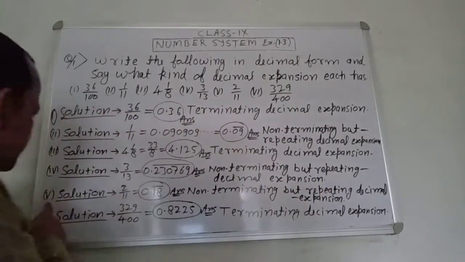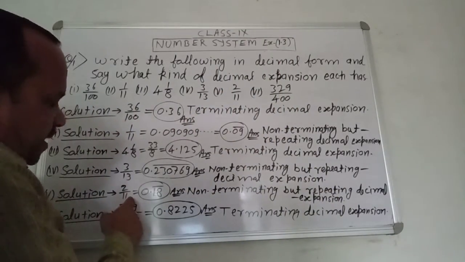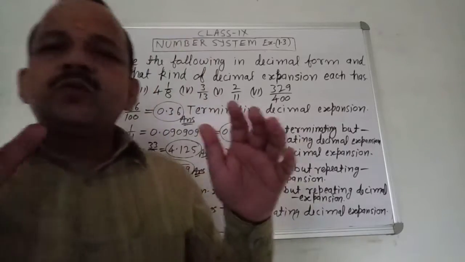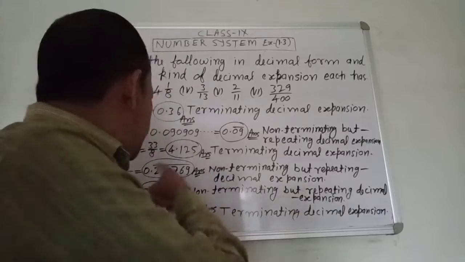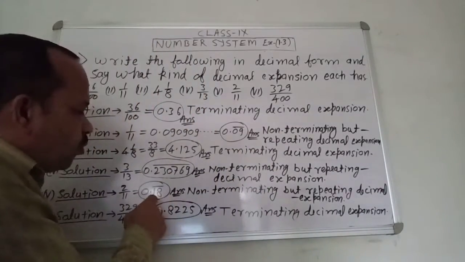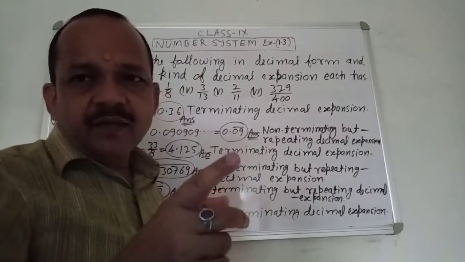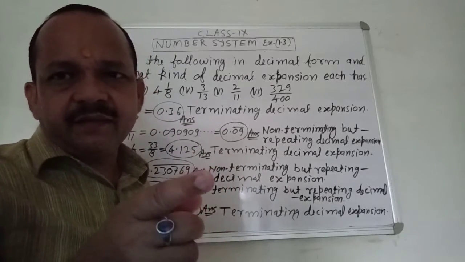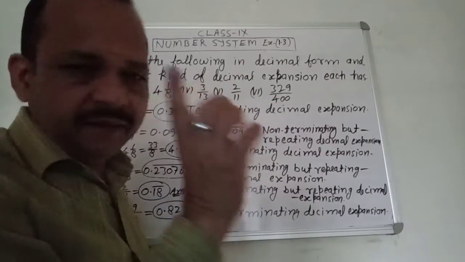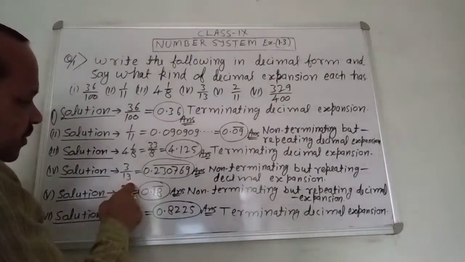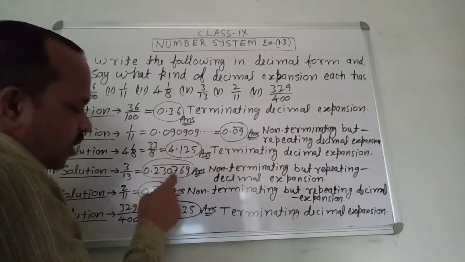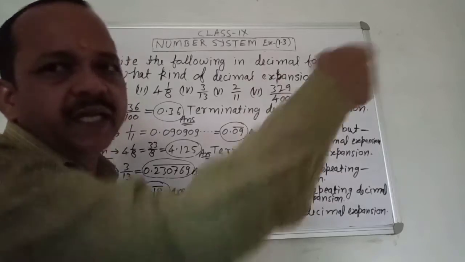Next question. Solution. 2 by 11 equals 0.18 bar. Here 0.18 bar means 0.18 is repeated till infinite. Clear? You divide 2 by 11, you find 0.18181818 till infinite.